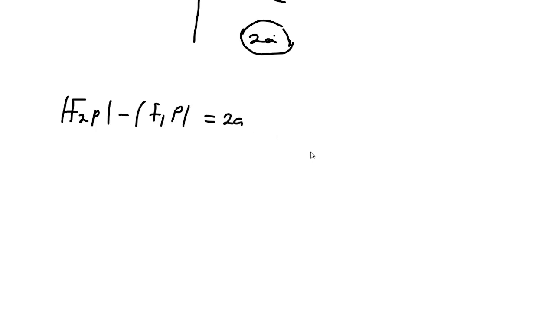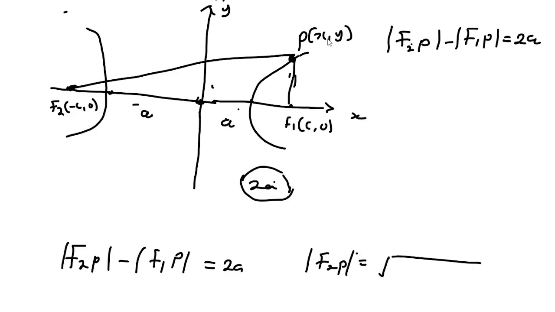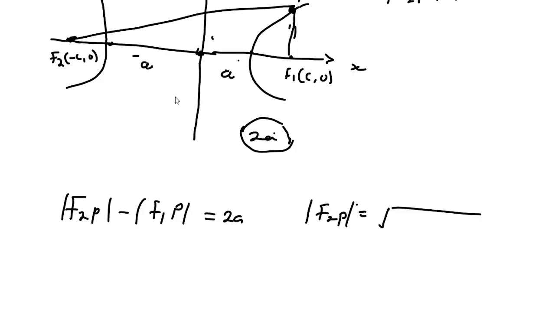Now, from the diagram, F2P will be equal to the root of x plus c, since x minus negative c gives x plus c, all squared, plus y minus 0, so we get y squared.